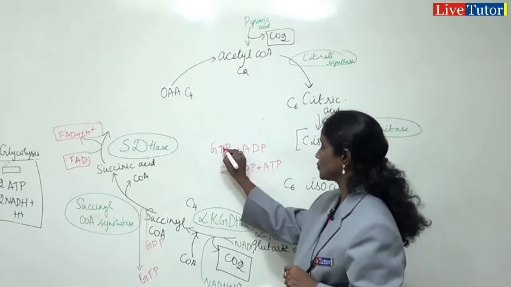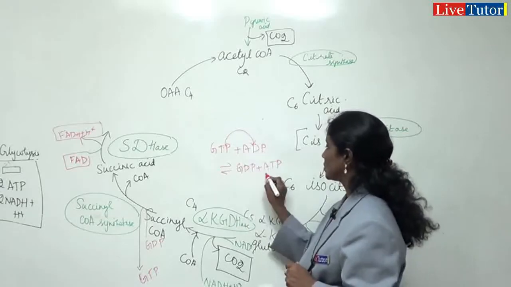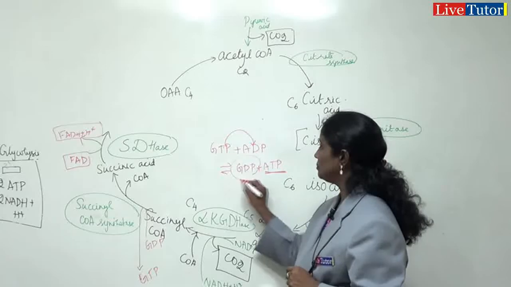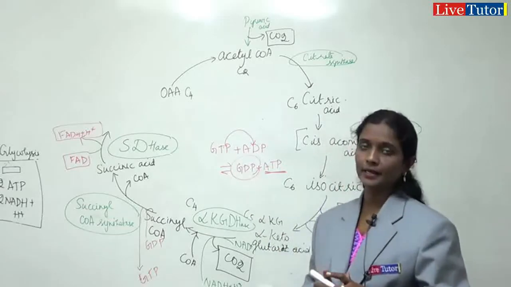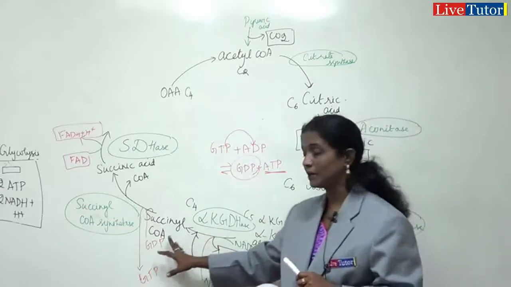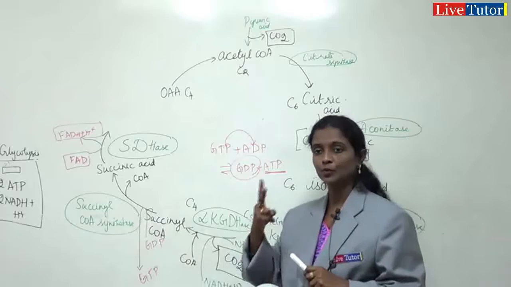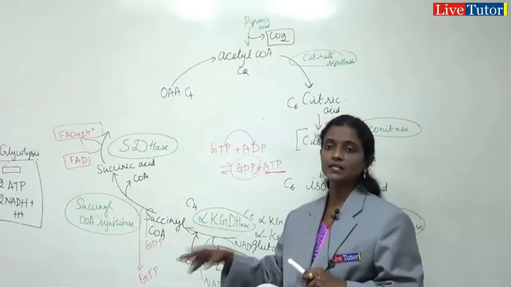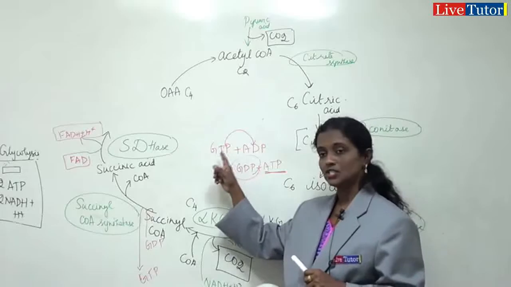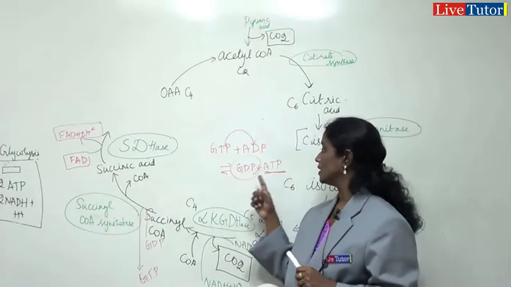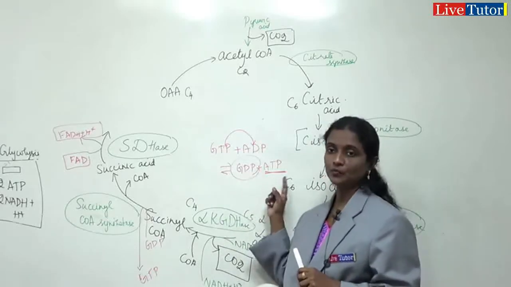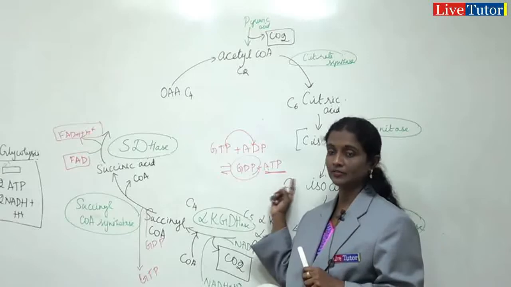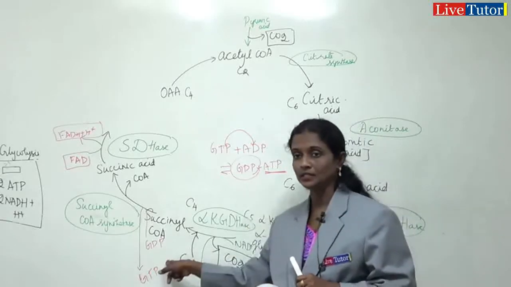This phosphate is donated to ADP so that it becomes ATP, and we get GDP again. So we can consider this step as a profit of 2 ATP. Actually it is 2 GTP, but we can also consider it as 2 ATP, because GTP plus ADP can give you GDP plus ATP. So we can even consider straight away that we are receiving 2 ATPs in this step.